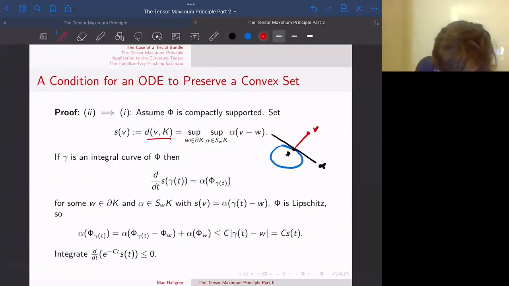All right. So now let's apply this, again, when gamma is an integral curve of our vector field.